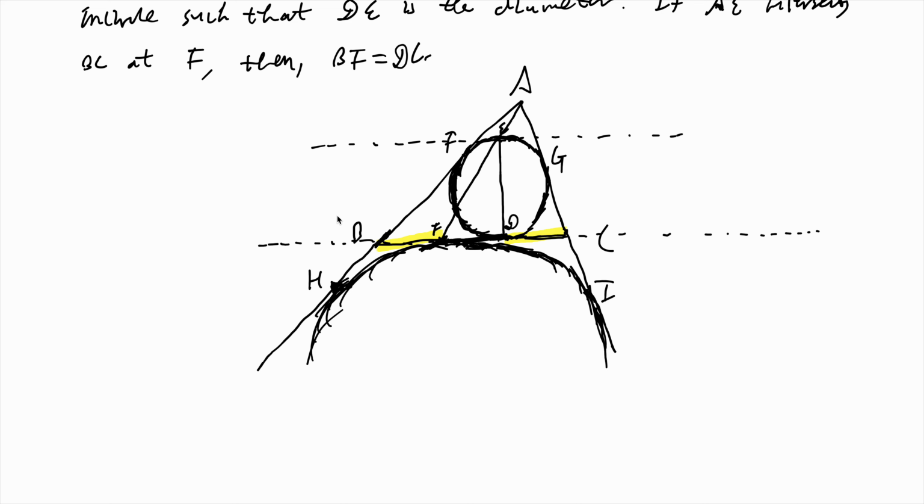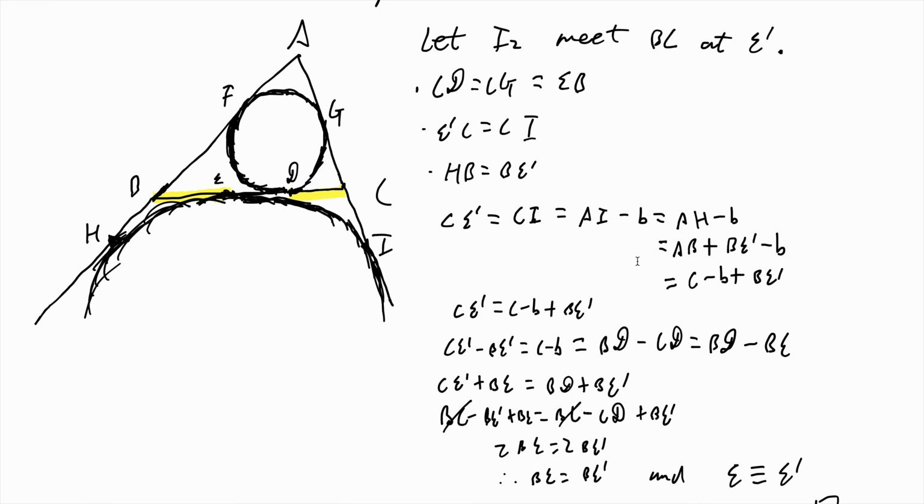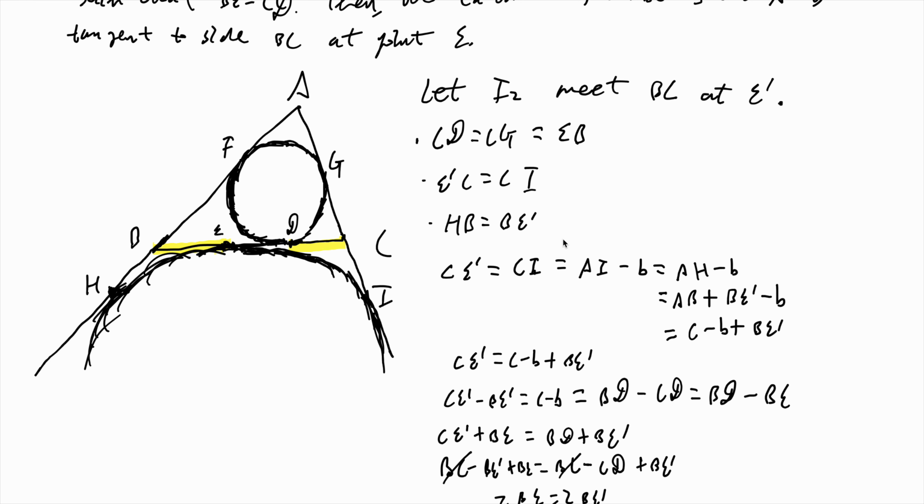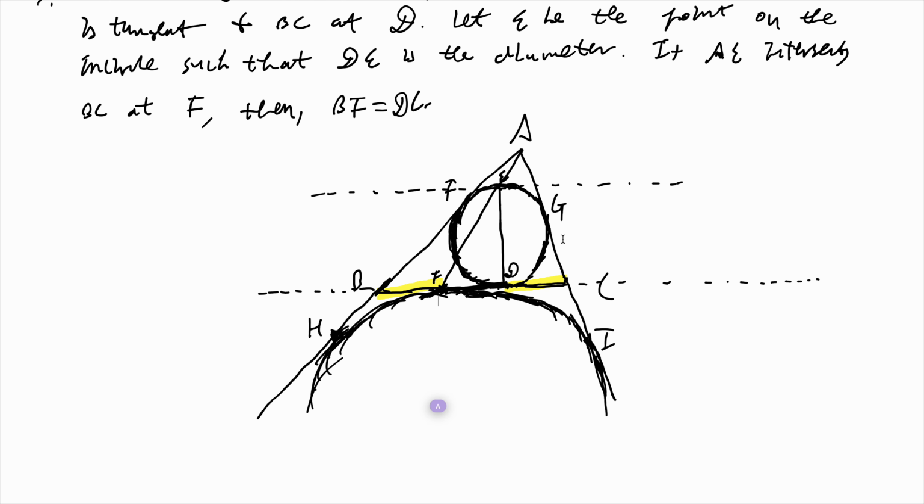But if we extend BC, we know that F must be the highest point because F must be on the line BC, because the circle must touch BC, and F, being the tangent point, is the highest point.